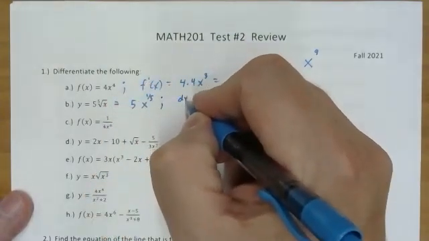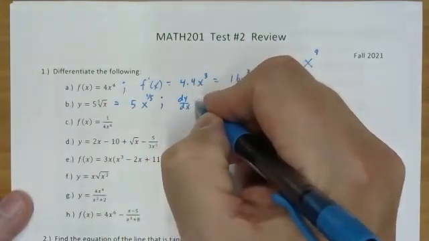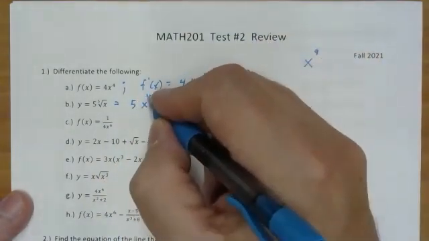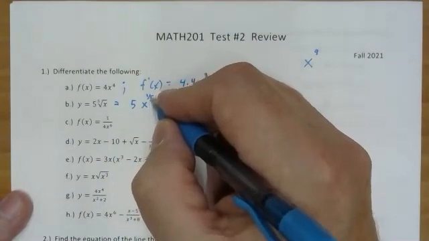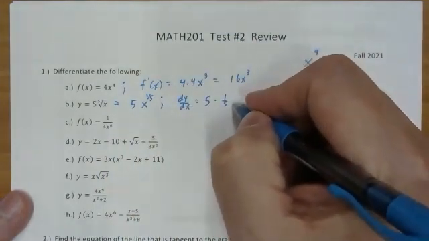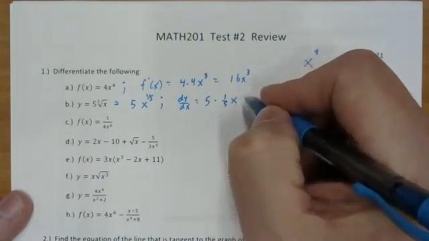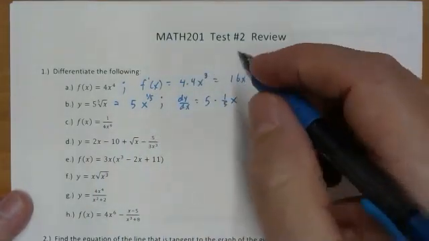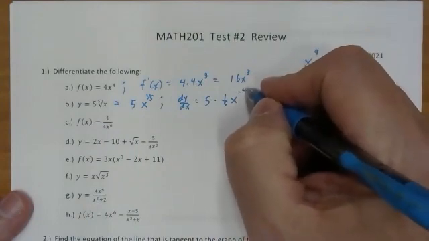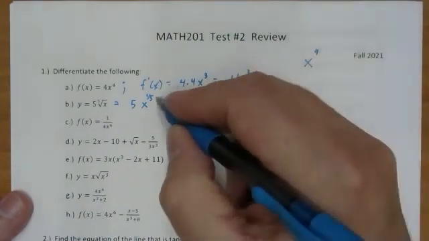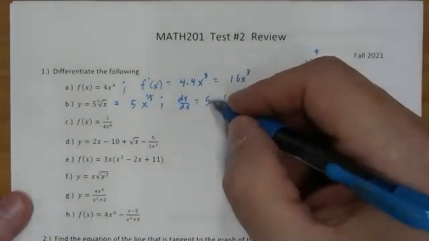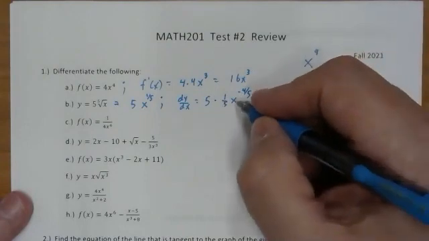So the derivative dy dx, 5 is a coefficient, tags along. So the derivative of x to the 1/5, the 1/5 comes down front. Then I'm going to subtract 1 from the original exponent. 1/5 minus 1 is -4/5. Now 5 times a 5th is just 1.